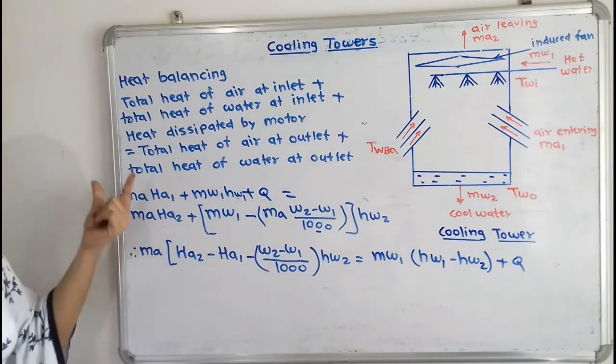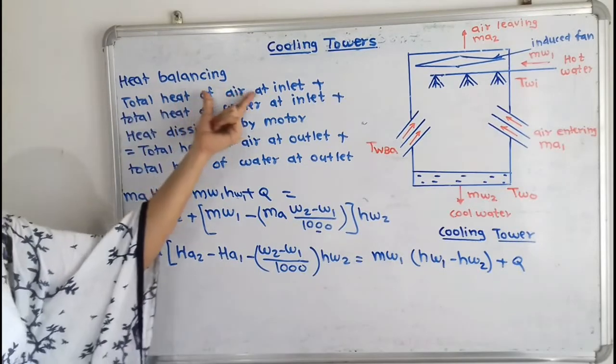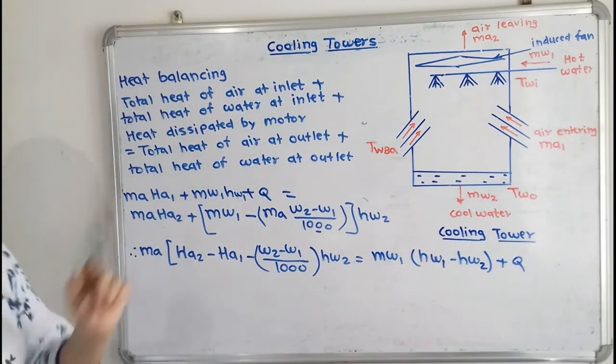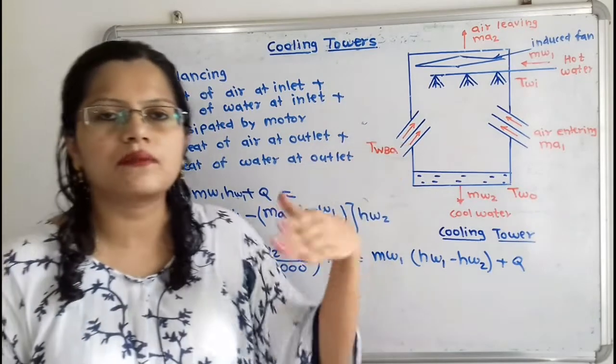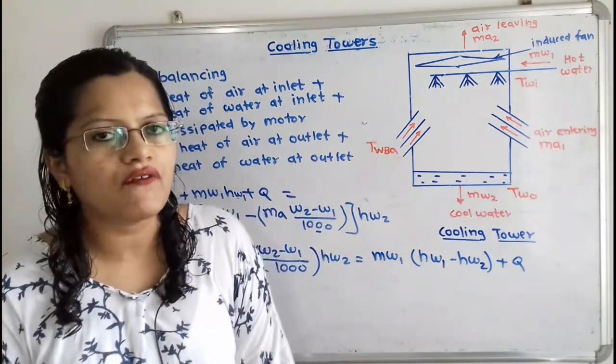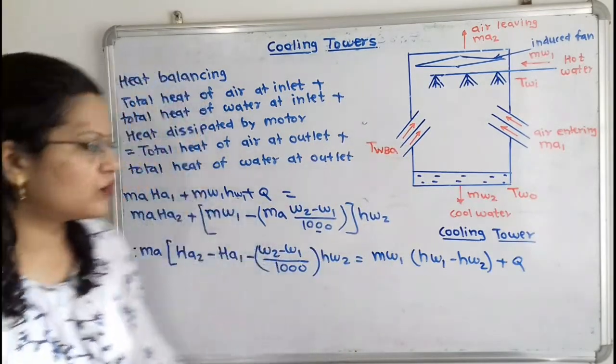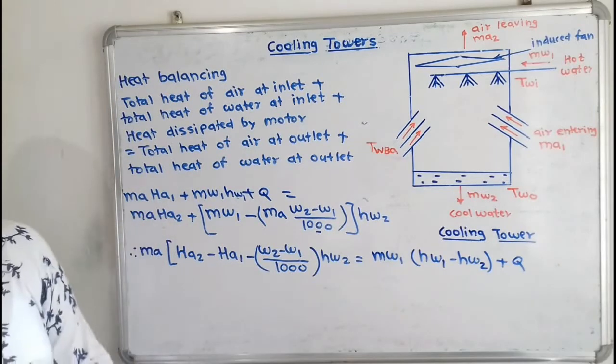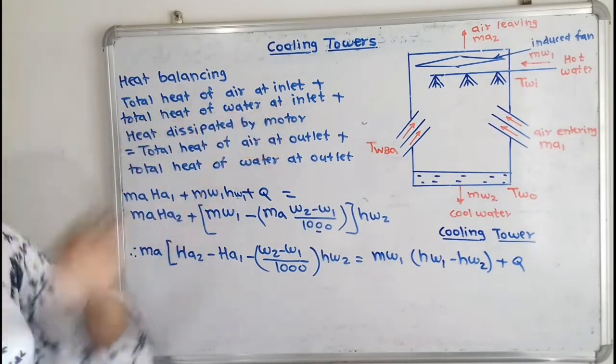Here, how can we define the heat of air at inlet? We take the mass of air multiplied by the enthalpy of air at the inlet, so Ma into Ha1, plus the total heat of water at inlet.